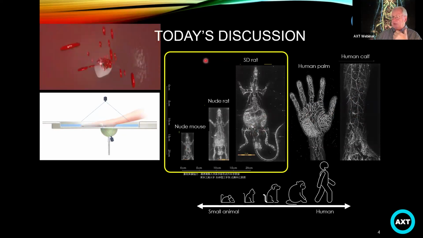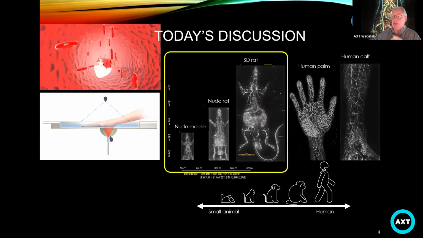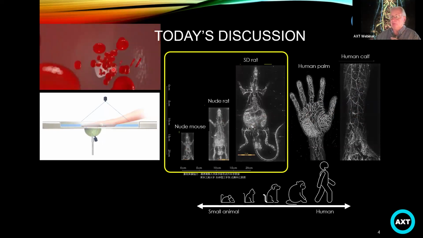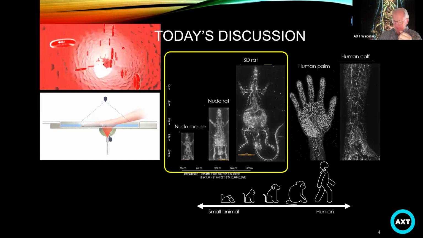What we're going to concern ourselves with today is the preclinical system. Most of the data that's going to be shown is based upon images generated from the signal from hemoglobin in the red blood cells in the various animals.